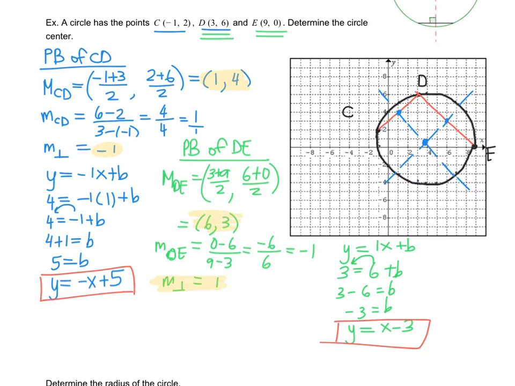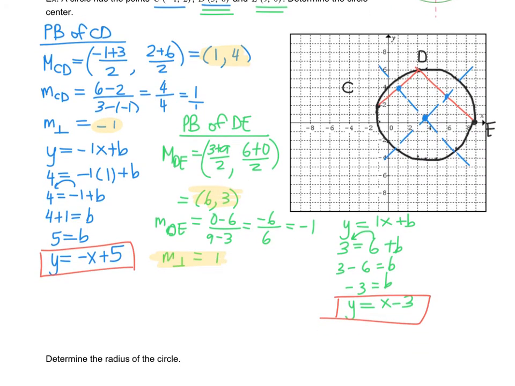Whenever I'm finding the point of intersection with two lines that are both in y equals mx plus b, I'm just going to do substitution. So over here, I know that y is equal to negative x plus 5, and there's a y there, so I'm just going to do a swap like that. So I'm going to write negative x plus 5 instead of y in y equals x minus 3.